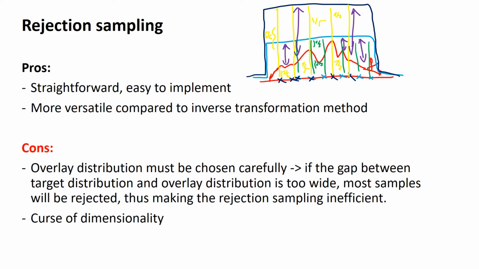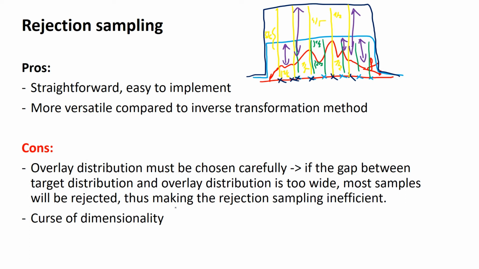And this is especially true in high dimensions. So we see that if we fail to find a suitable overlying distribution in 1D, in 2D this just gets multiplied, right? So if the acceptance ratio in 1D was really small, in 2D it will be much smaller, and I'm not talking about 4D or 20D.